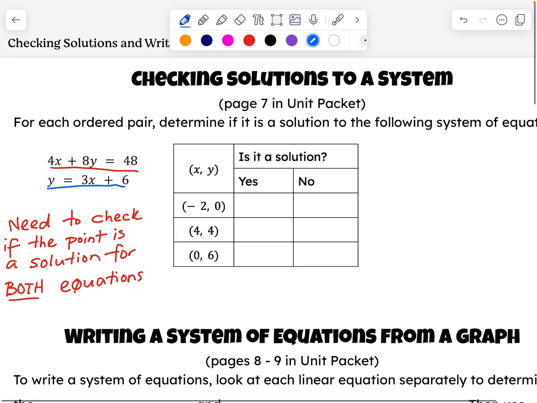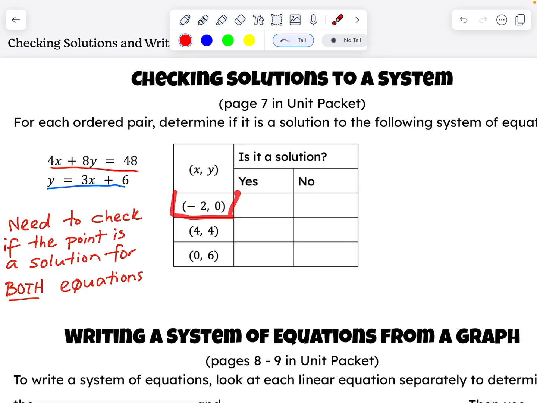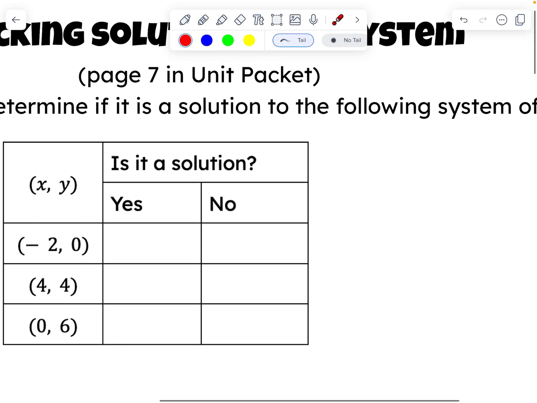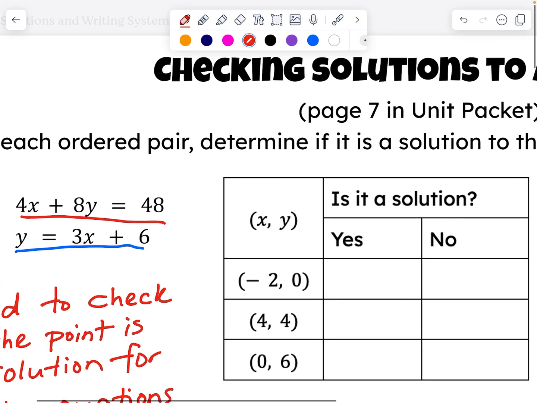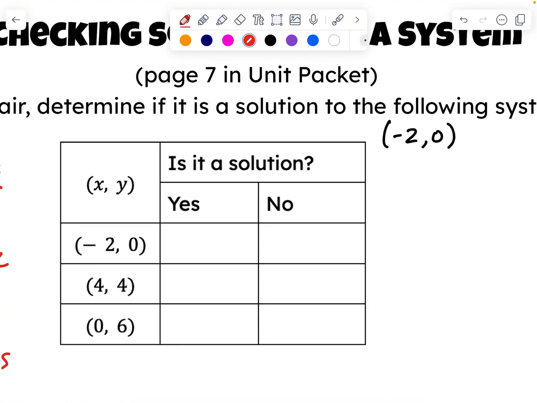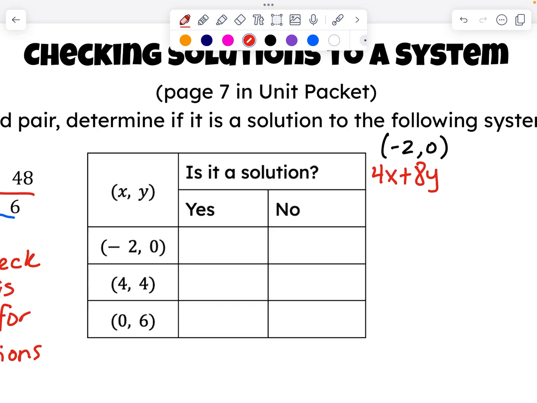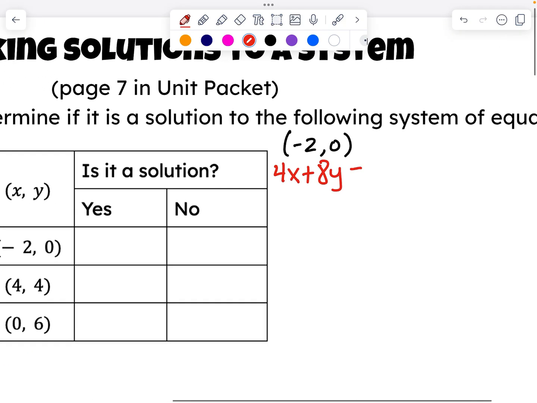Okay, let's start with this point, -2, 0. We're going to check if that is a solution to this system of equations. So we have this point, -2, 0. Let's start by checking it in the red line. That's 4x plus 8y equals 48.